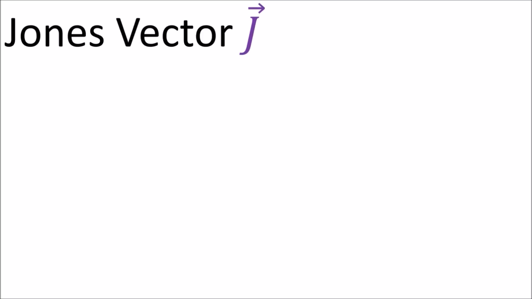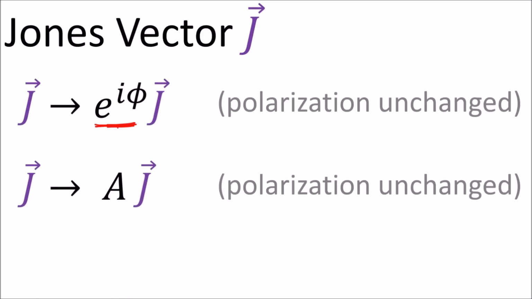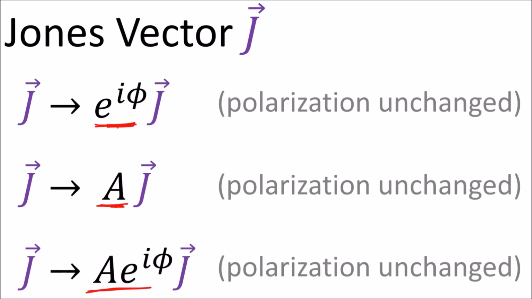So polarizations are unchanged when we multiply a wave by any overall phase factor or any overall scaling factor. And of course, a scaling factor and a phase together can be used to describe any complex number. This is just an alternative way of writing a complex number x plus iy. So polarizations are unchanged when we multiply Jones vectors by a complex number.